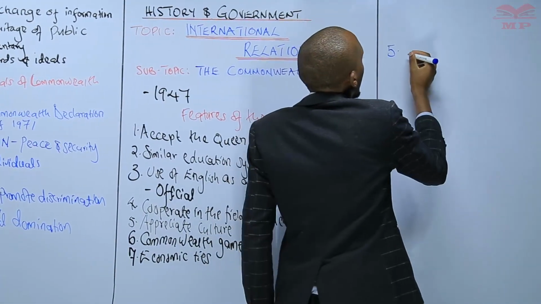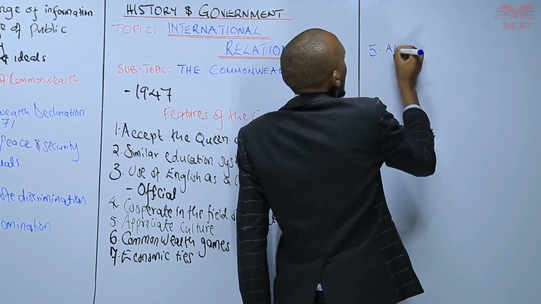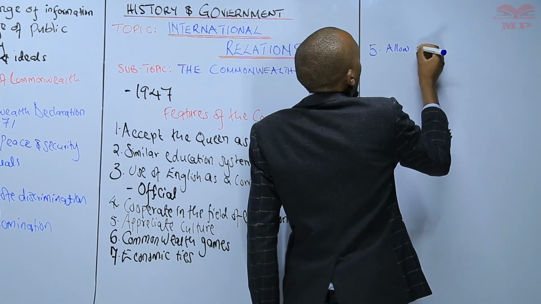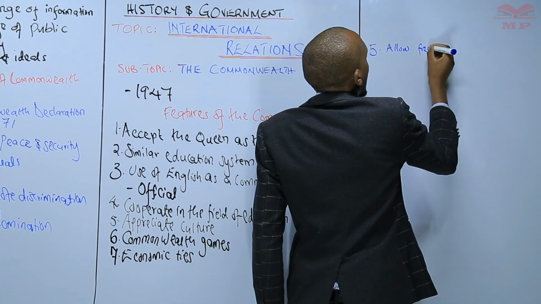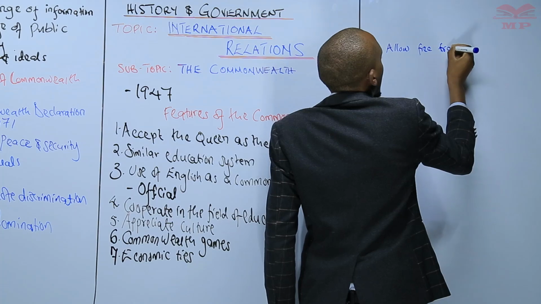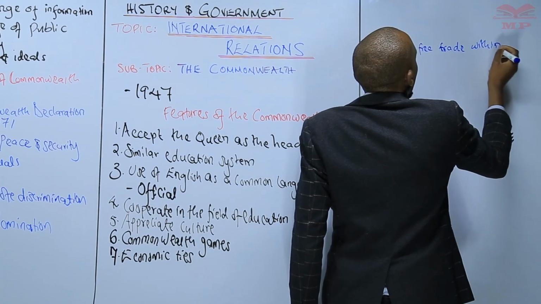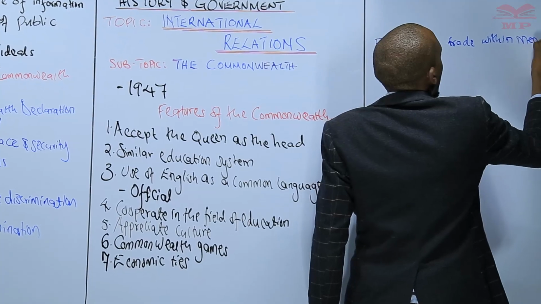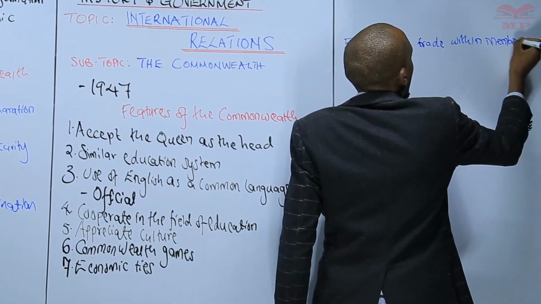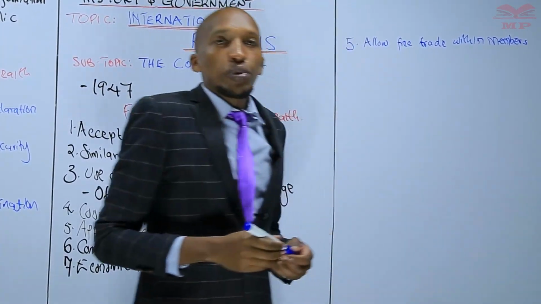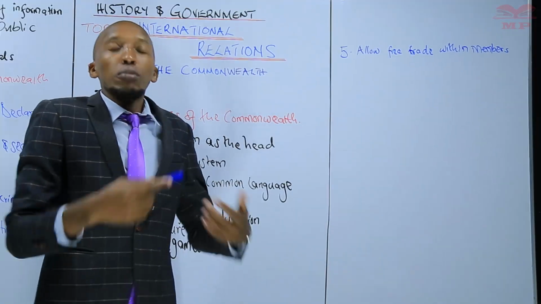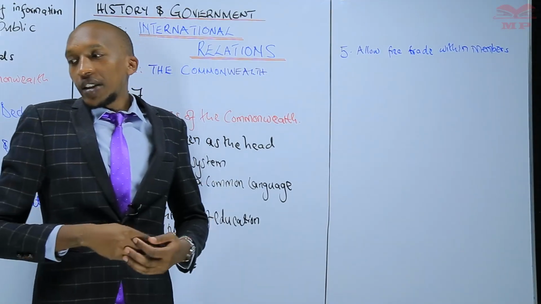And then second last, that is number 5, the second last principle is that they were to allow free trade within members. So they were supposed to put in place measures to promote trade amongst the members.